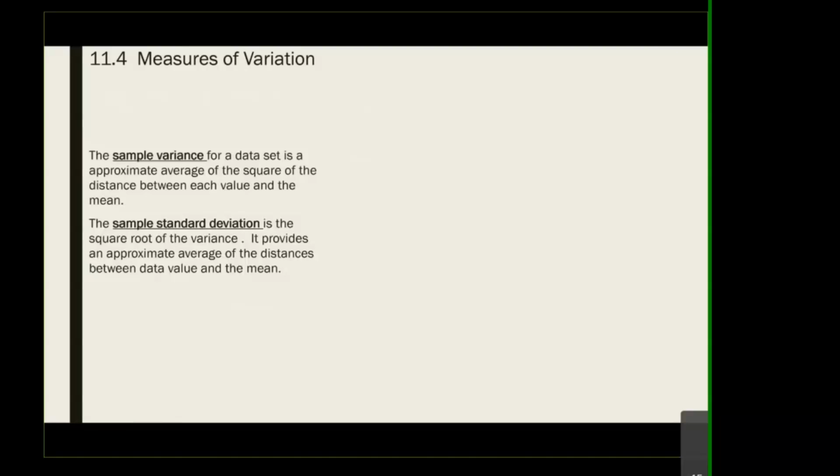And the standard deviation is the average difference from your data to the mean. Meaning, there are some data below the mean, some data above the mean, and we want to know the average of all of these differences away from the mean. Okay, so this is our goal here in 11.4. We have one main goal, which is how do we find the standard deviation.